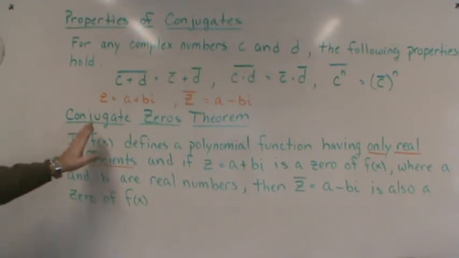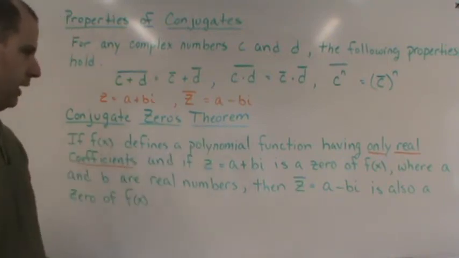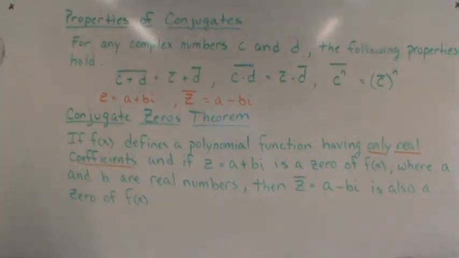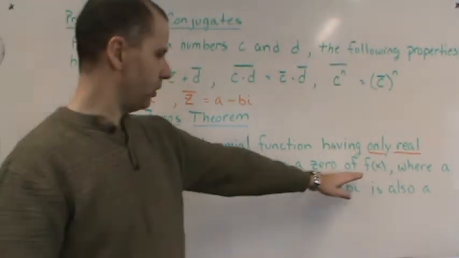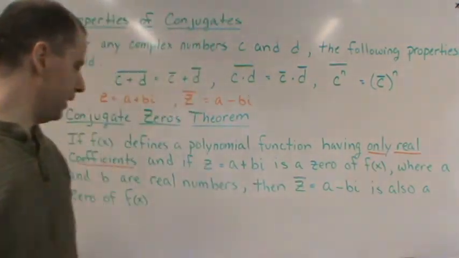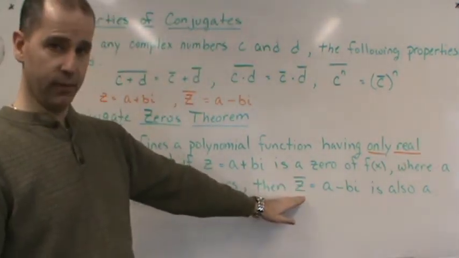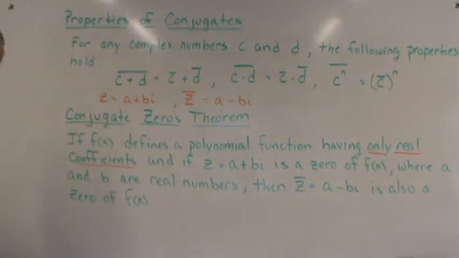The conjugate zeros theorem says that if I have a polynomial function f with only real coefficients, and if z equals a plus bi is a zero of f of x, where a and b are real numbers, then the conjugate of z, which is a minus bi, is also a zero of the polynomial function f of x.